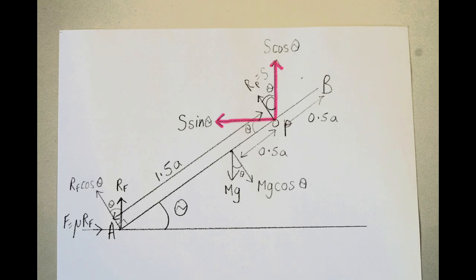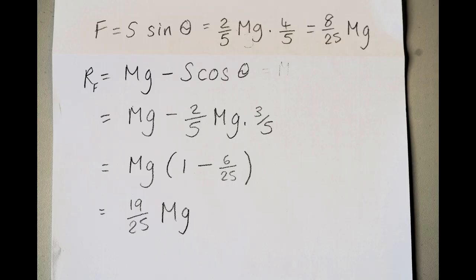S cos theta acts upwards, so we need to take it away from mg, which acts downwards. Rf equals mg minus S cos theta. So substituting in S from part A and the value for cos theta, we can simplify it to 19/25 mg.